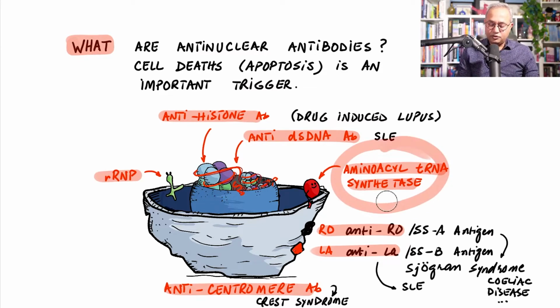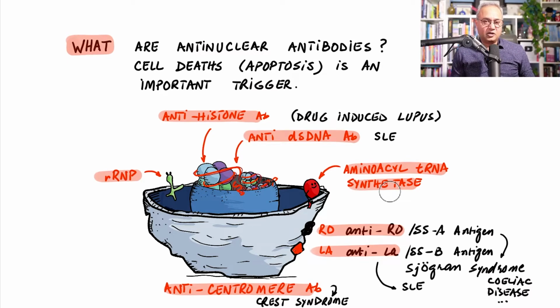So the protein that does aminoacyl transfer RNA synthesis can be a target of anti-nuclear antibodies. The message is that ANA are not only targeted at proteins inside the nucleus, or even the nuclear pores or the surface of the cell, but also in the cytoplasm.